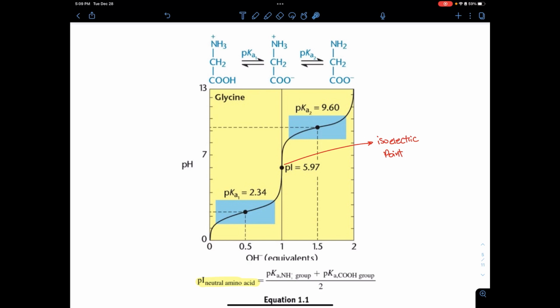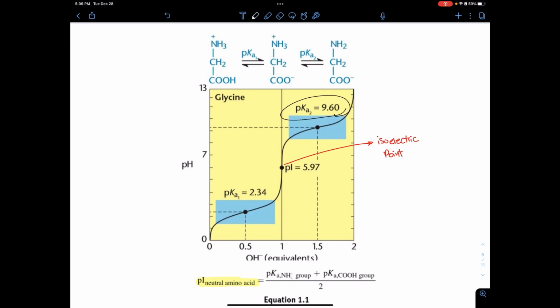Next we have the isoelectric point. It's the pH at which the molecule is electrically neutral. At a pH of 5.97, the molecule is neutral. If we keep increasing the pH, the amino group will also lose its hydrogen.